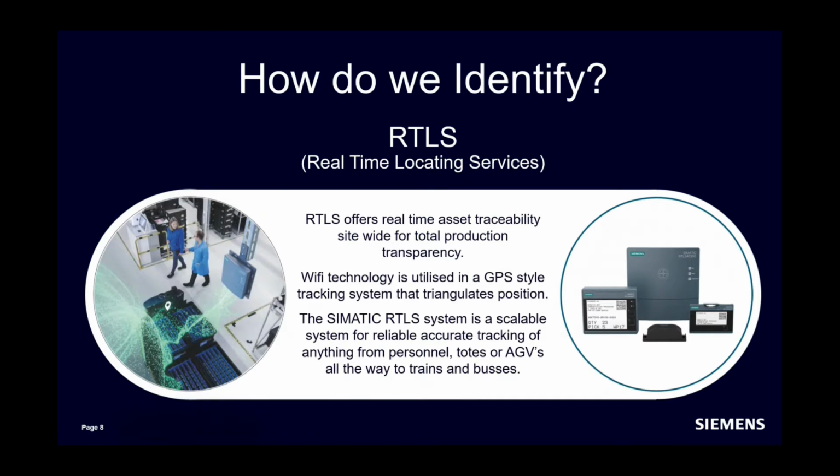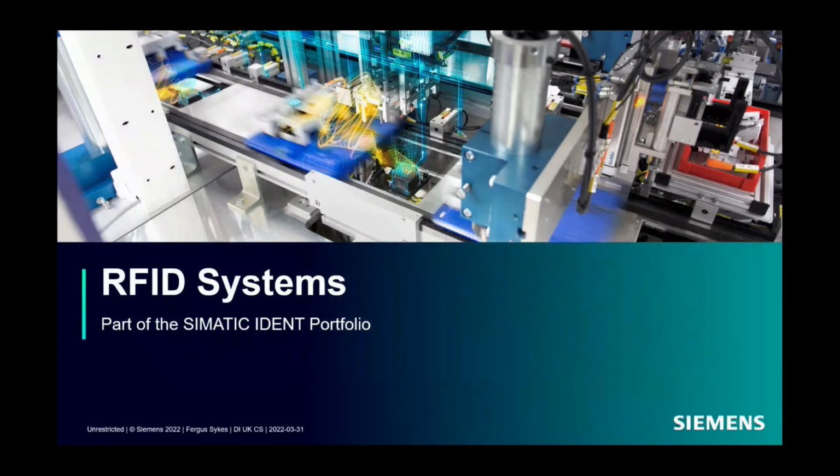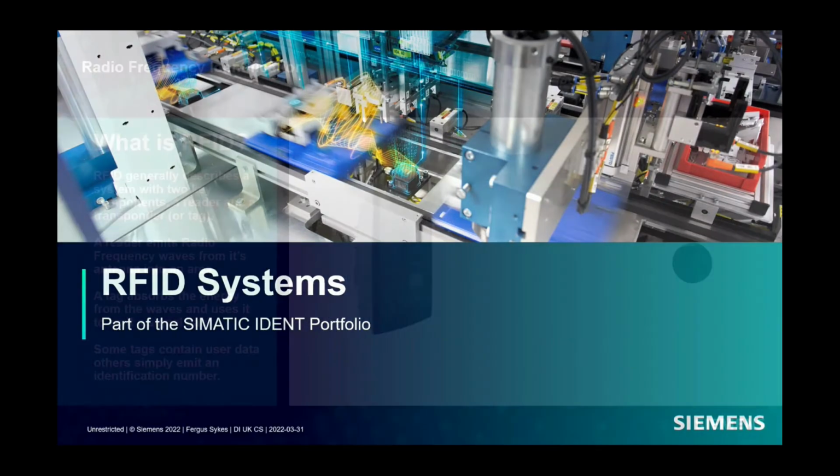And RTLS is essentially like your own indoor GPS system, your own private GPS network, down to about 30 centimeters accuracy for tracking assets, tracking materials, maybe it's forklifts, maybe it's lone workers, things like that. It gives you that real-time position information to really increase the efficiency of your production flow. So we'll just go into a little bit more detail about each one quickly.